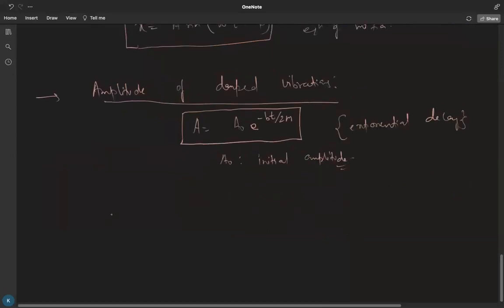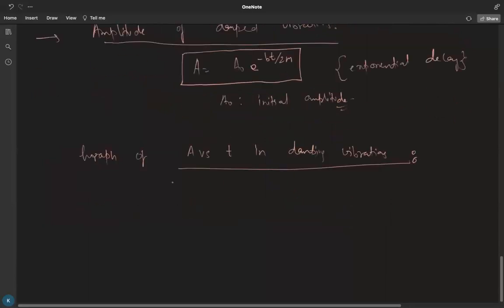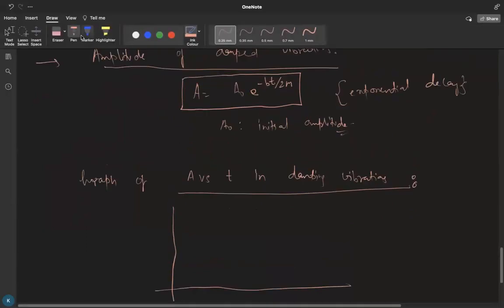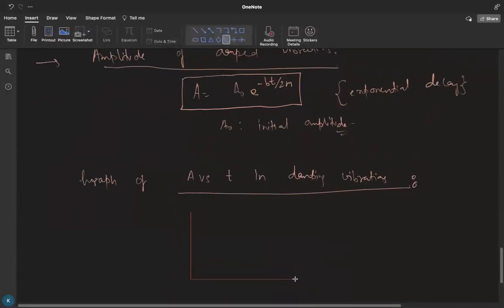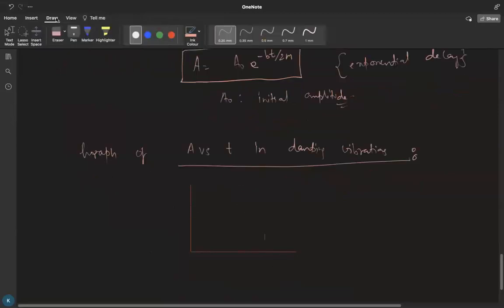So this is how our amplitude varies, actually exponential decay. Our amplitude is varying like A naught e to the power minus bt by 2. And if you look at the graph of A versus t in damping vibration, it looks something like this. Let me make it in a clean way. Okay, that's fine.